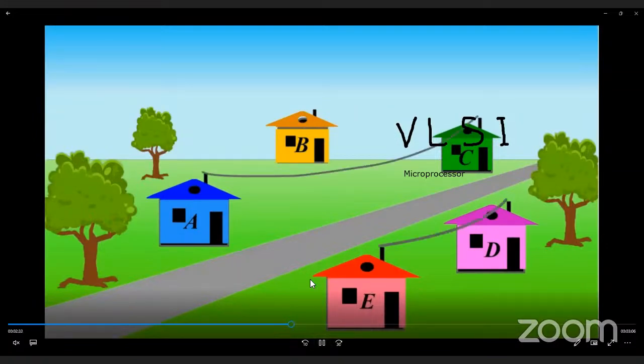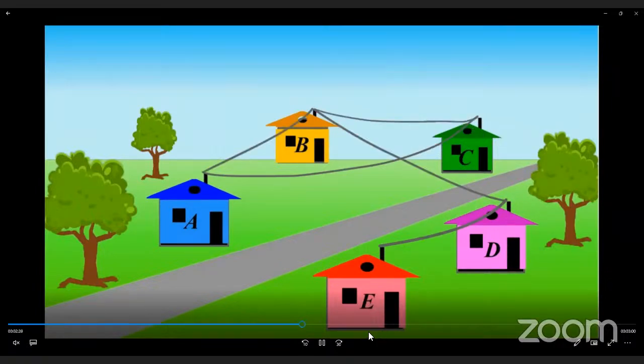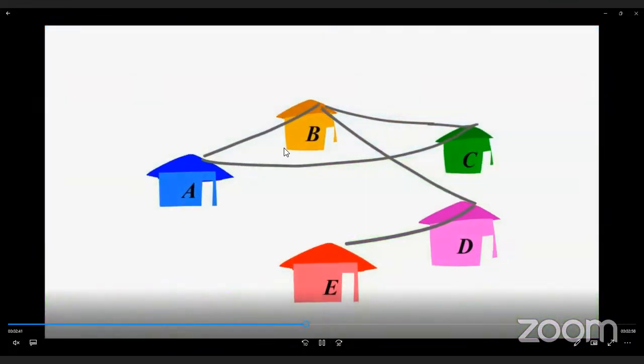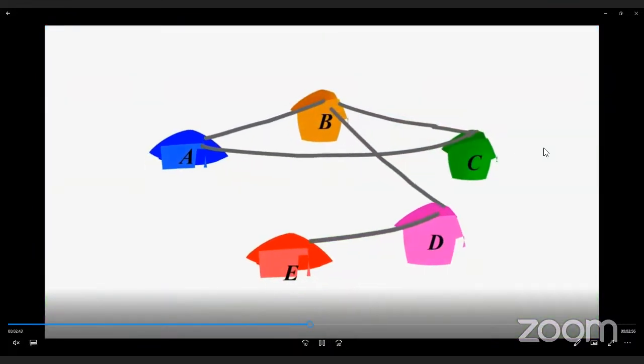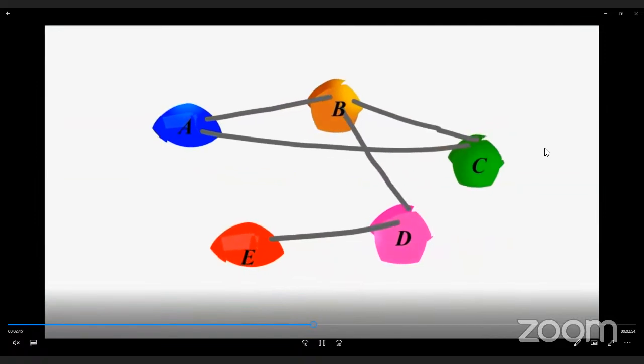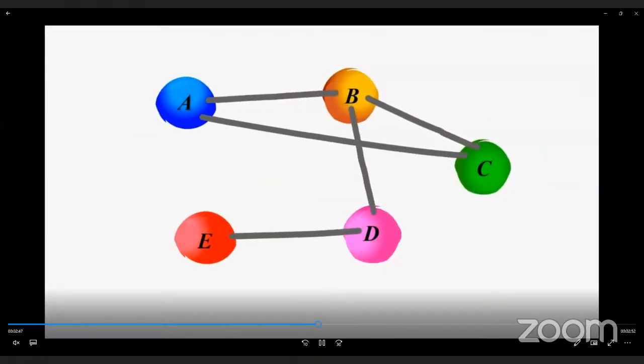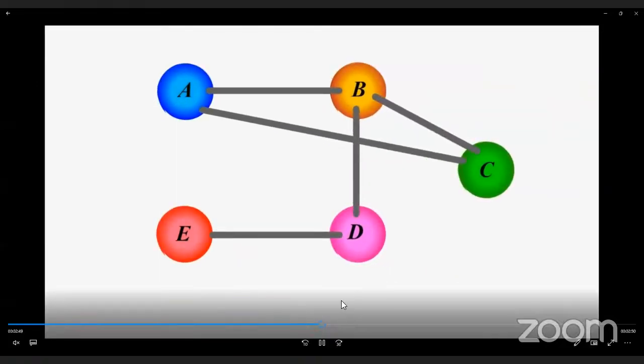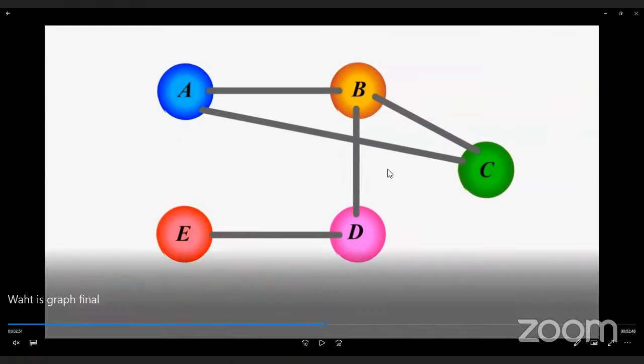For example, here, the connection of houses, and you make it become a graph.